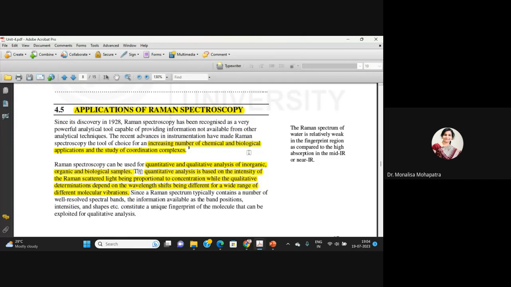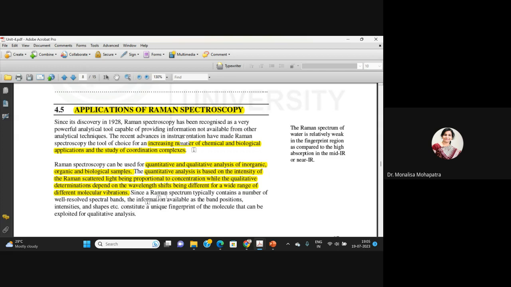So by using the UV-visible spectrophotometer, you can do quantitative analysis where you can predict how much concentration of the substance is. Similarly, here also from Raman spectroscopy, based on the intensity of the Raman scattered line, you can predict the concentration as it is proportional.